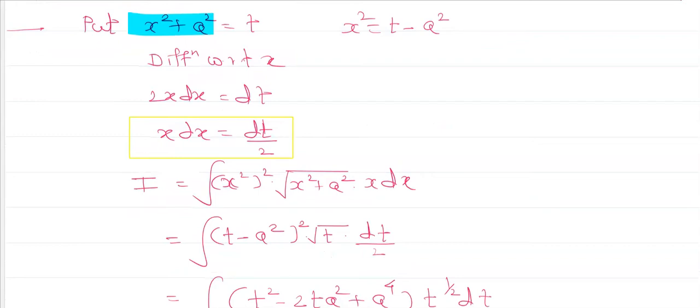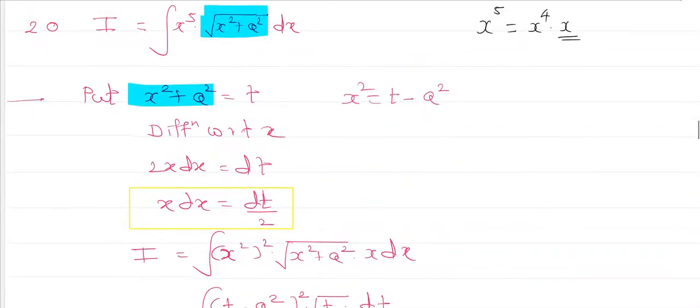I can write this again. x raised to 5 can be written as x raised to 4 into x. That means we will write I is equal to integral of x raised to 4 in root of x square plus a square into x into dx. Now the value of x into dx is dt upon 2.